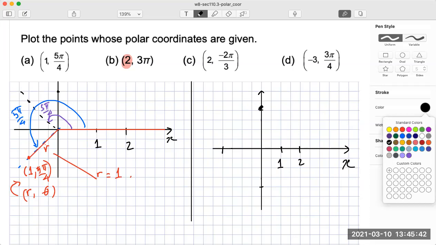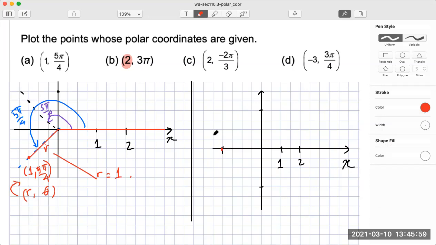We go up to this point in the positive direction. This is 1 pi. And 2 pi will be here, right? And 3 pi will be right here. And the point here will be the point 2 and 3 pi. Okay?